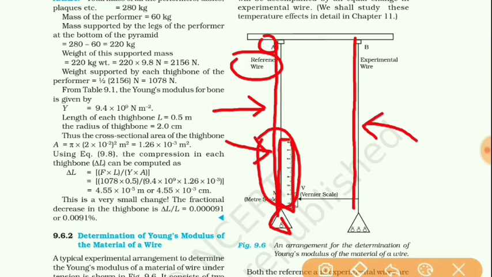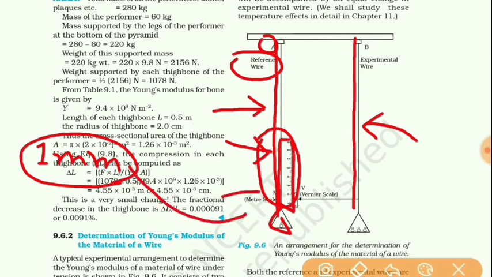With our normal scale, that is a meter scale, we cannot measure a length smaller than 1 mm accurately.